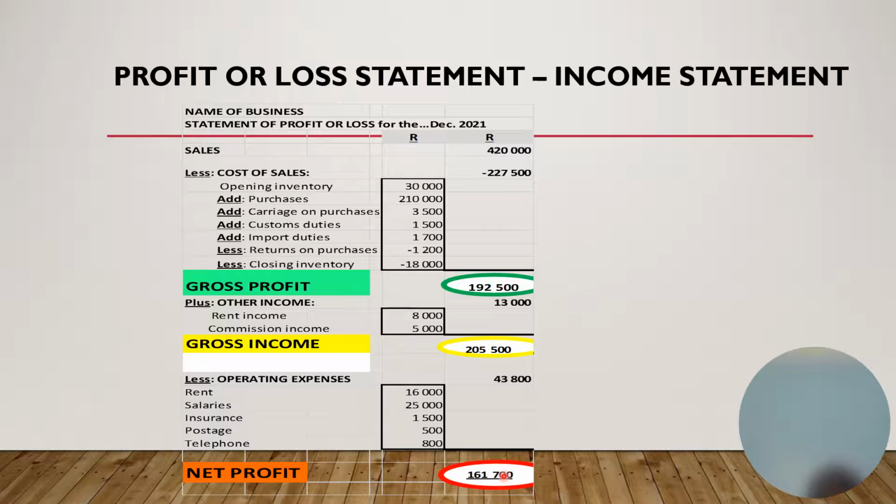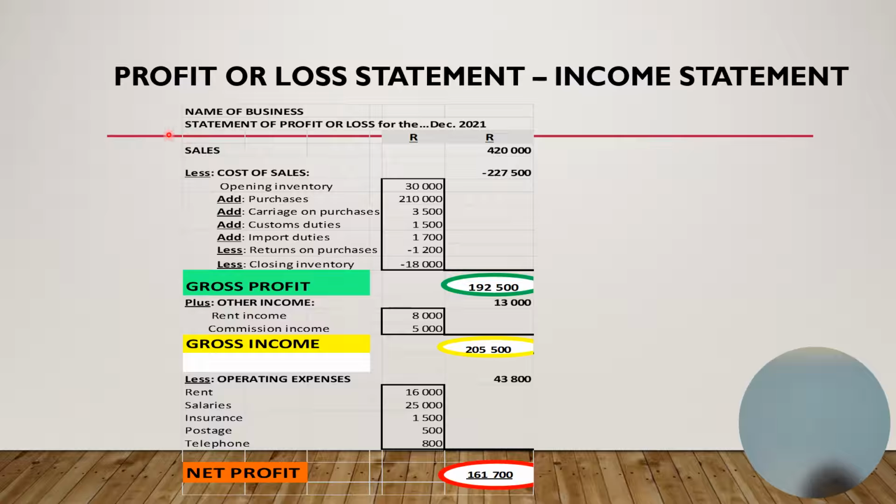Alright, I hope this is clear. Also, don't forget two things. The structure of the profit or loss statement is vertical, like it comes from here and goes down. But the structure of the trading account and profit or loss account is horizontal.